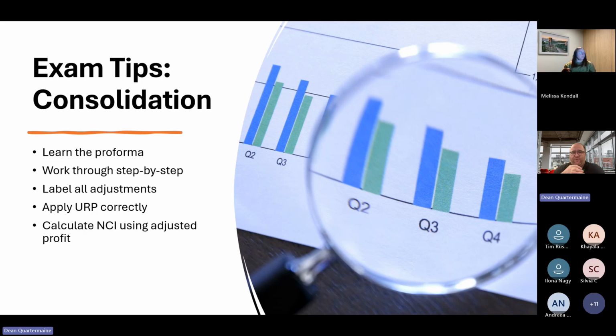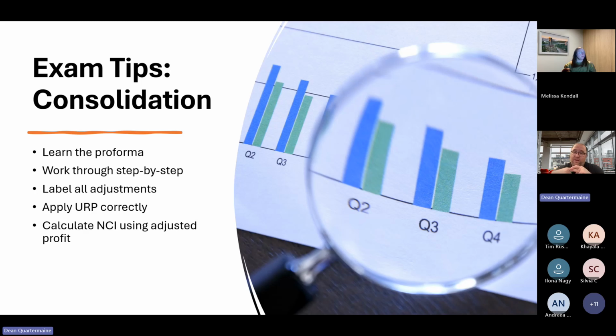Be able to work through the process step by step. Make sure you understand what the adjustments are, label the adjustments. Be able to apply your unrealised profit correctly. Be able to calculate your non-controlling interest using the adjusted profit.